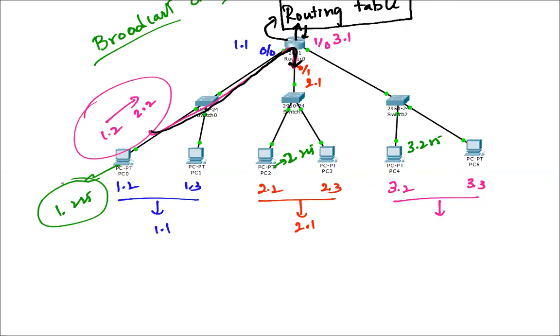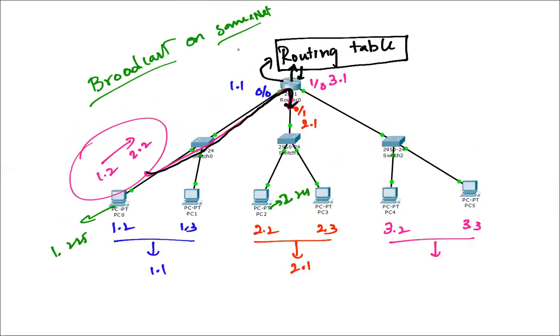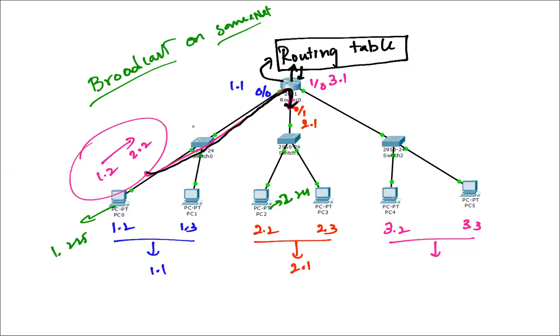You cannot ping other networks' broadcast IPs. If I try to ping 2.255, which is another network's broadcast IP, you will not get the expected results. Broadcast is only for the same network. That is the only way it works.